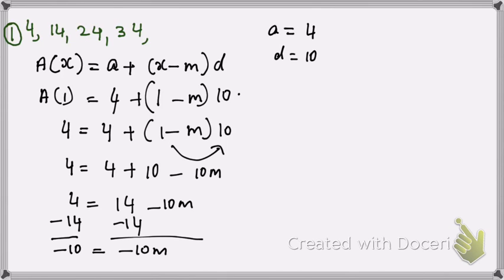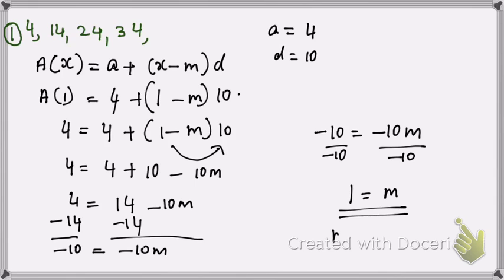So you get, let me write it down on this side, negative 10 equals negative 10m. So you can divide both sides with negative 10. So you will get 1 on the left hand side and m on the right hand side. So the value of m is 1.